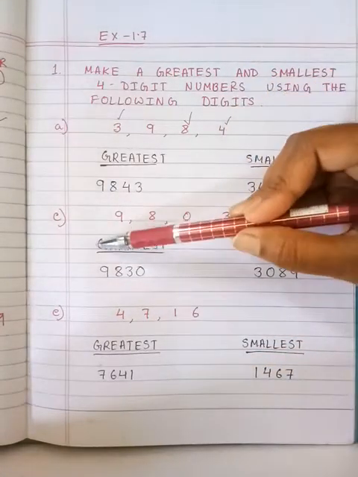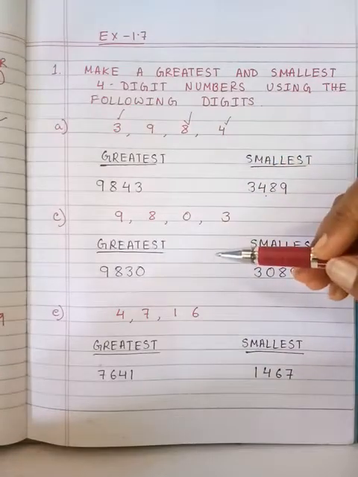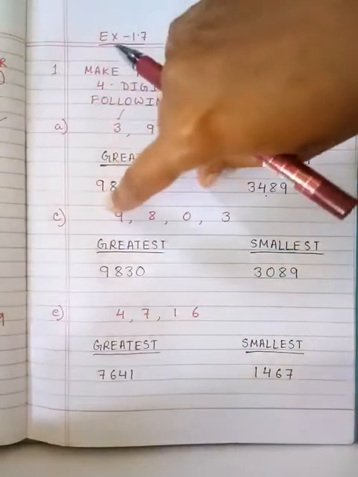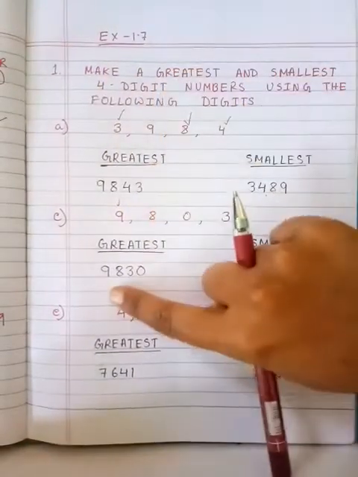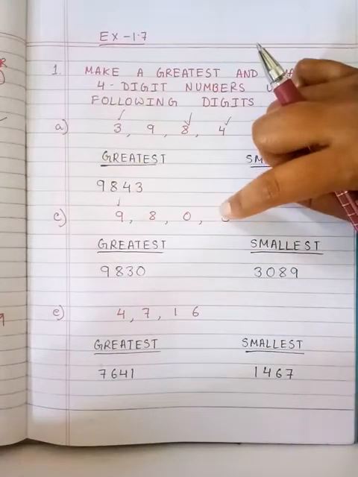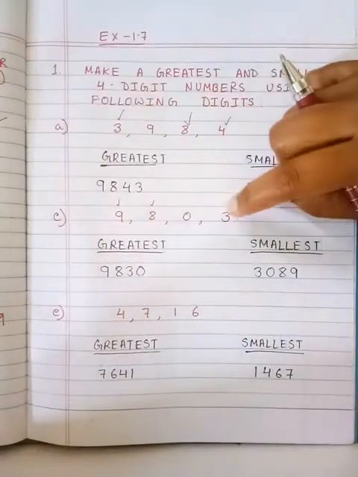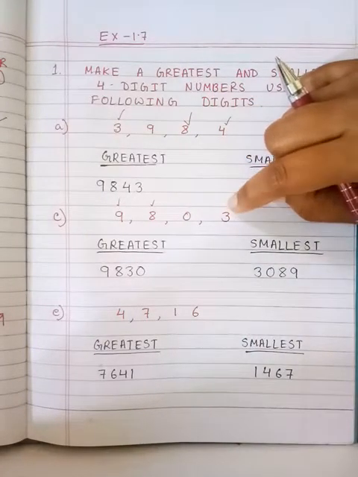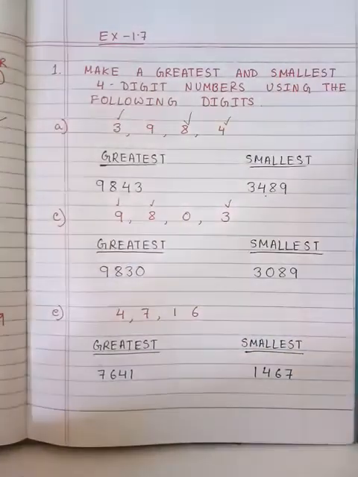Here, when you are writing the greatest number, you have to arrange the digits in descending order. Among these numbers, which is greatest? 9. So first write down 9. Then among 8, 0, 3, which is greatest? 8. Write down 8. Between 0 and 3, which is greatest? 3. Write down 3. Then 0.